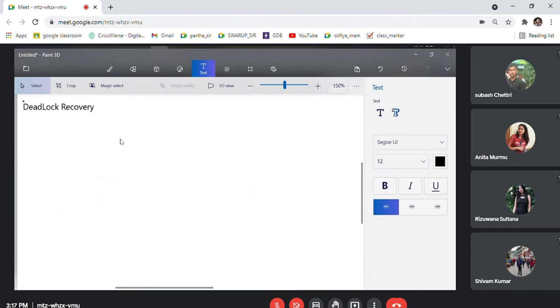You can inform the administrator, and they can take some manual approach to recover from the deadlock. Or the other option is to break the chain of the deadlock. You can make sure that hold and wait does not occur, circular wait does not occur, or force a process to preempt.